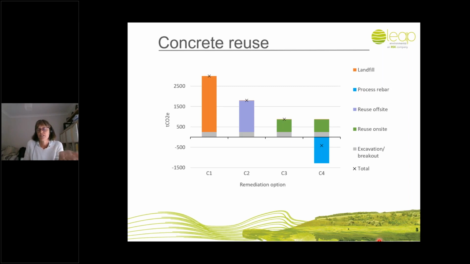C3, when we're reusing it all on site, we're saving a lot of carbon. C4 is the weird one. If we can get the steel out of this stuff and reprocess it, we end up with a negative number. So there's this idea of, if we can get the steel out, are we talking about carbon neutral or better for our process?